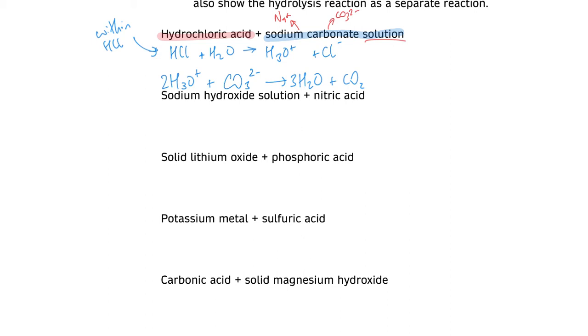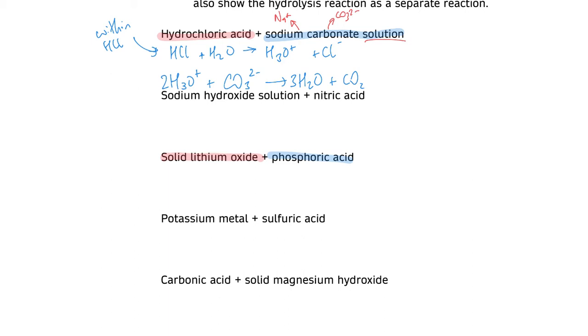Yeah, cool. So let's then show what happens when you do the solid lithium oxide and the phosphoric acid, right? So the phosphoric acid, is that a strong or weak acid? Weak. Which means that the majority of those phosphoric acid molecules will be in molecule form. So when you do an ionic equation, you have to show it in molecule form.